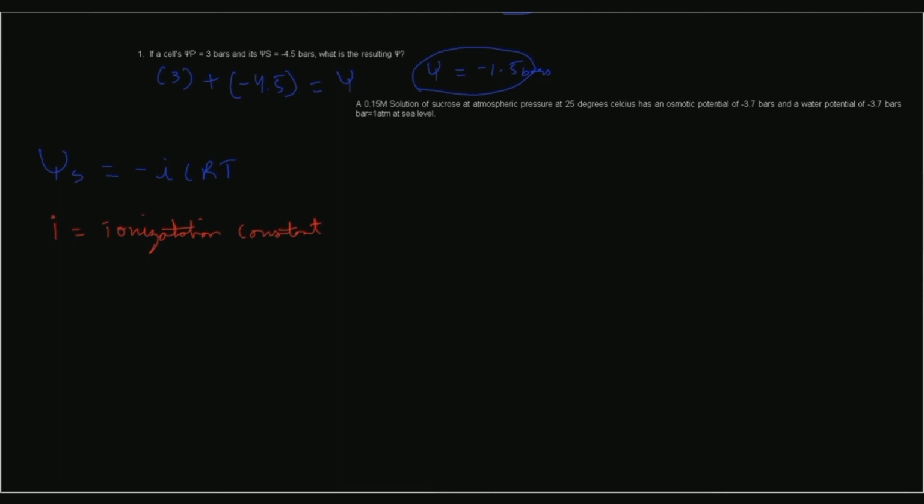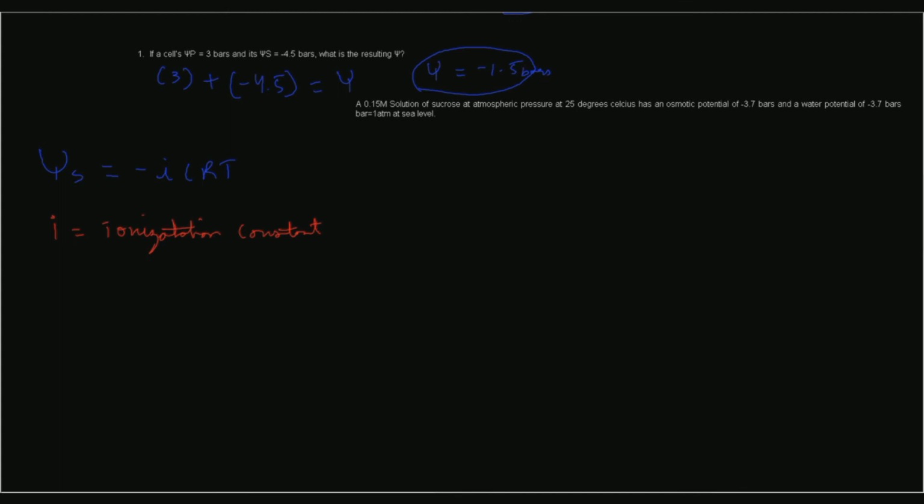But if you mix salt, NaCl, salt will actually break apart and act as two different ions. They'll act as two different particles, basically. And so you have to take that into account. If you know the substance will be broken apart when mixed in water, you can put down the amount of particles it will be broken down into.